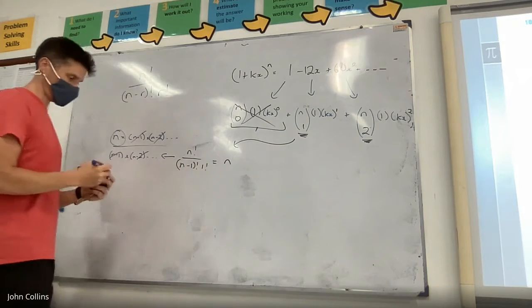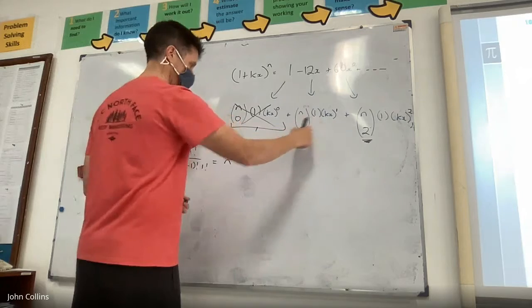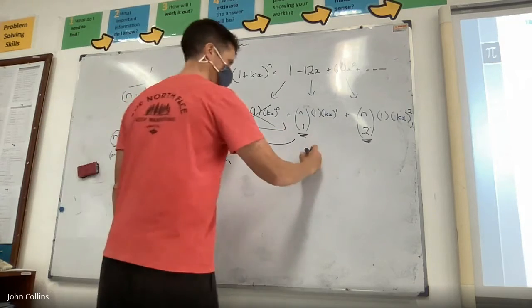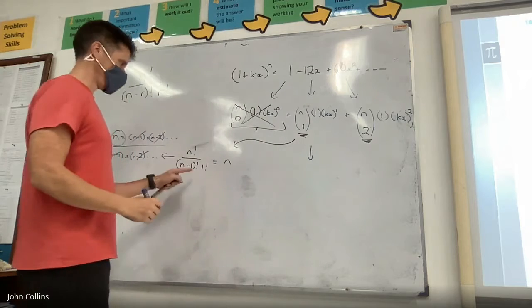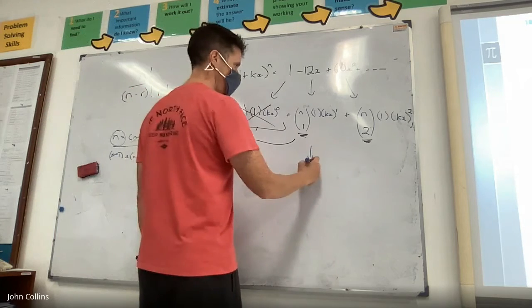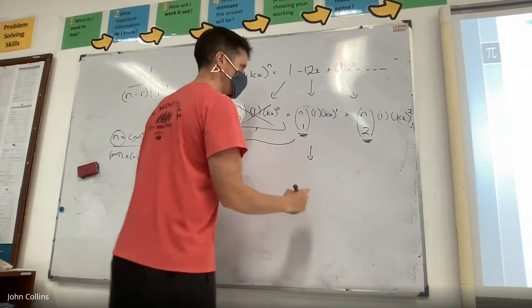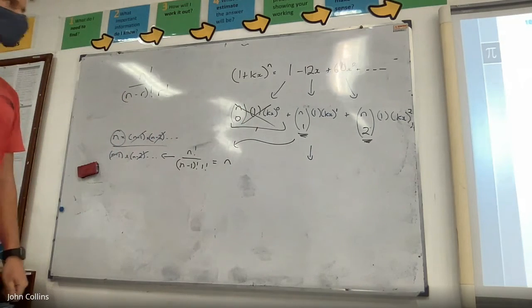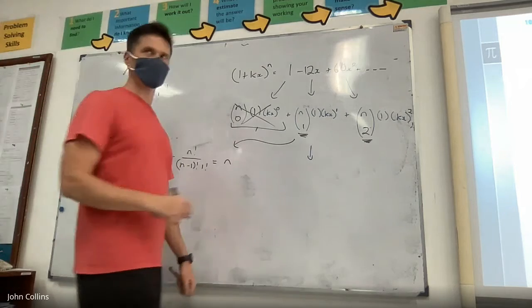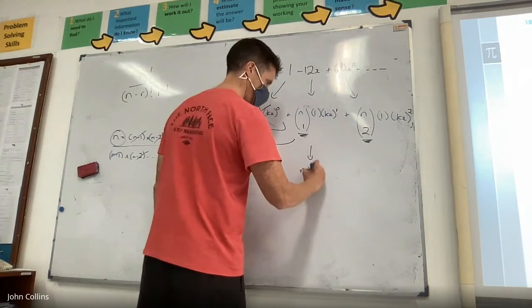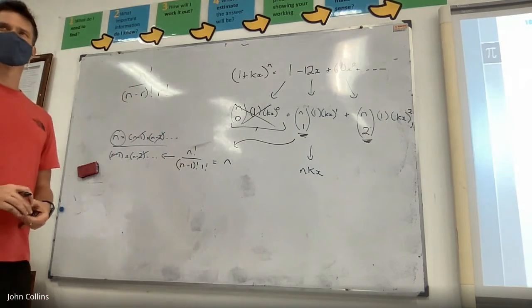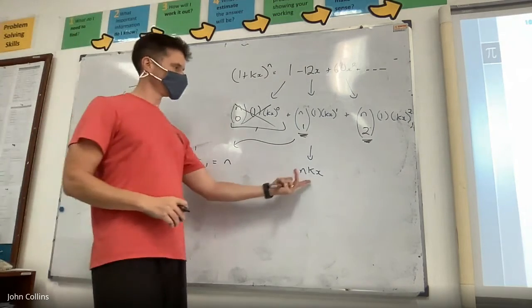Well, that looks a lot better. Let's rewrite this term. I'll do the coefficient over here. But that's n. Oh, is it just n kx? Is that okay? Can I write that, n kx? Does it make sense? Yeah, well, n is going to be a number, k is going to be a number.